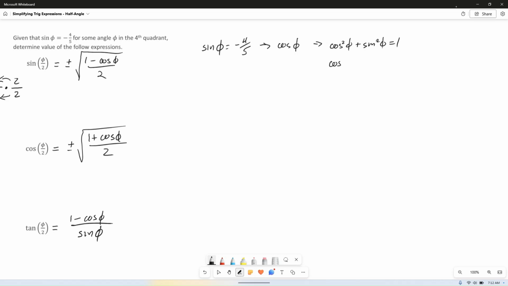So that's going to give me cosine squared phi plus, in the place of the sine squared, a negative 4/5 squared, and that has to equal 1. So we have the cosine squared of phi plus 16/25.